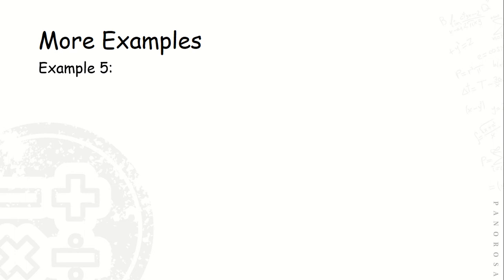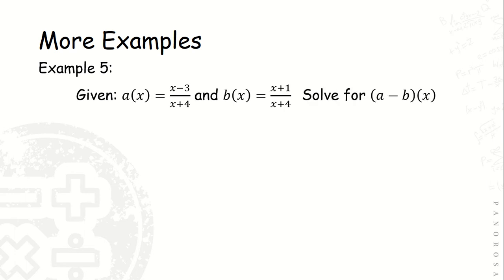Example 5. Given a of x equals x minus 3 over x plus 4 and b of x equals x plus 1 over x plus 4, solve for a minus b of x.